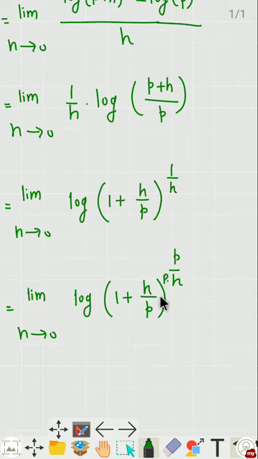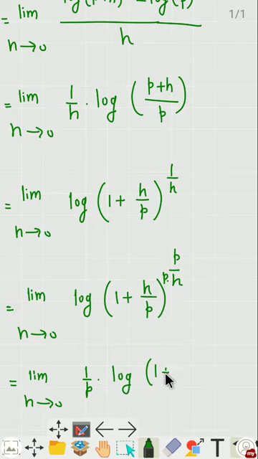So that 1 upon p I will put here. In the next line, the limit h tends to 0 of 1 upon p into log of 1 plus h upon p raised to the power p upon h.